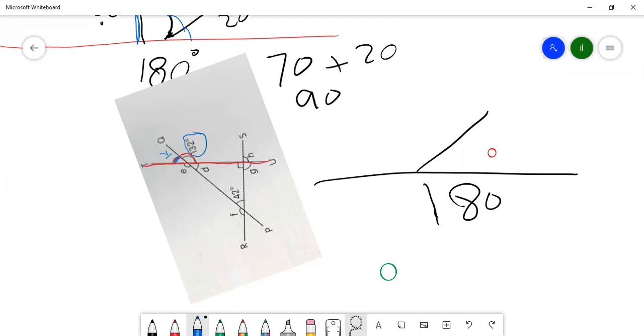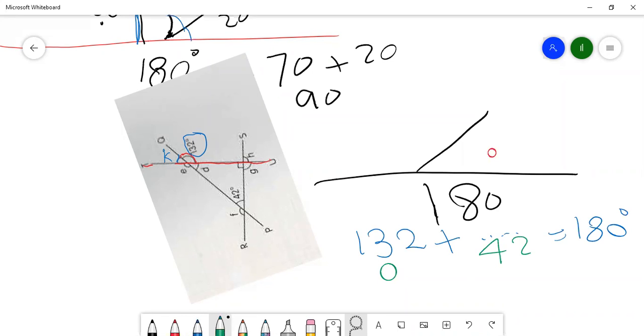What should be K? We have to find the value of K that makes 180 with the 132. 132 plus what gives me 180? 48.